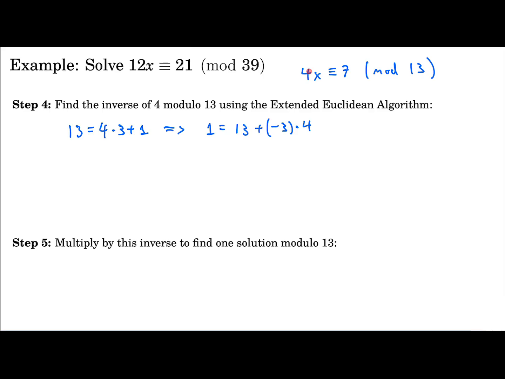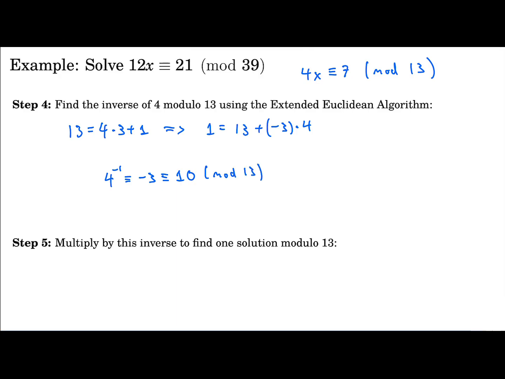So that means that 4 to the minus 1, the inverse of this, is going to be the minus 3 modulo 13. And minus 3 modulo 13, so if you go on the clock with the 13 numbers and you go minus 3 from the top, you'll get the number 10. Or just doing 13 minus minus 3. So you'll get 10 mod 13.